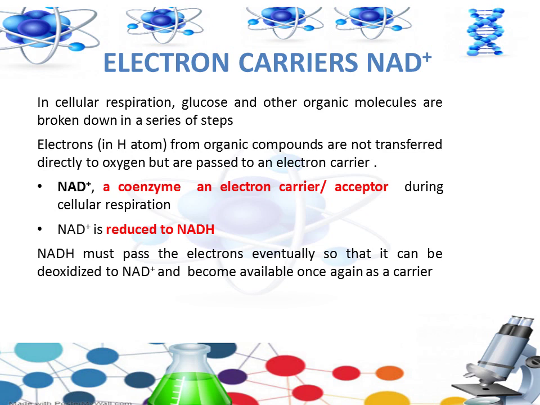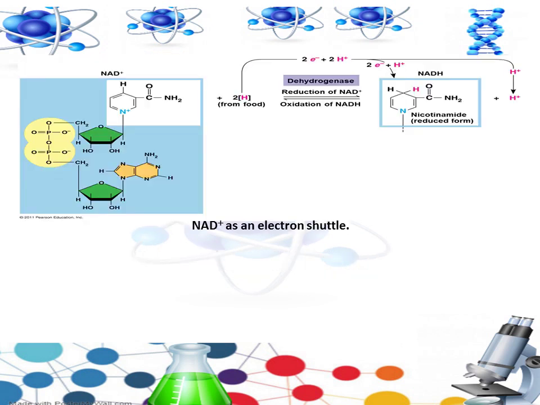It can be oxidized to NAD plus again and will act as a carrier again. So here is the process showing how NAD plus acts as an electron shuttle or electron carrier.